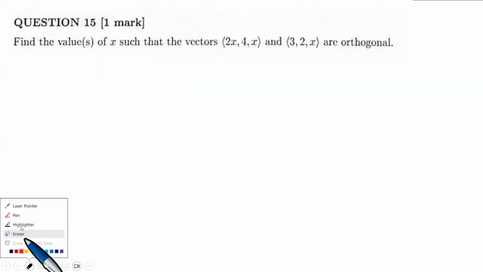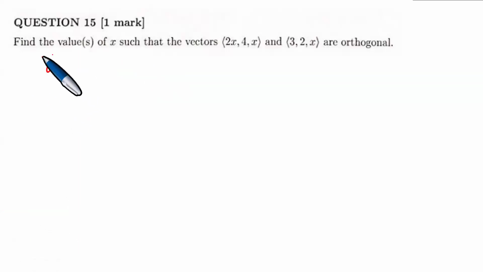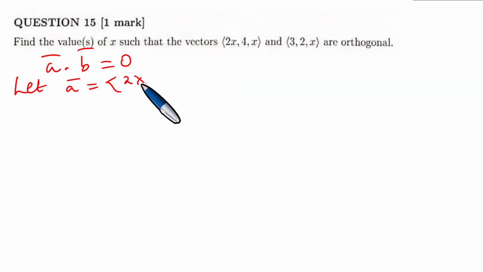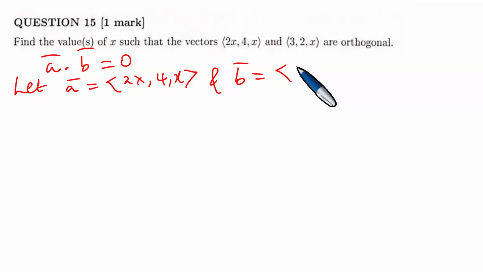So let vector A be (2x, 4, x), and simultaneously vector B be (3, 2, x).